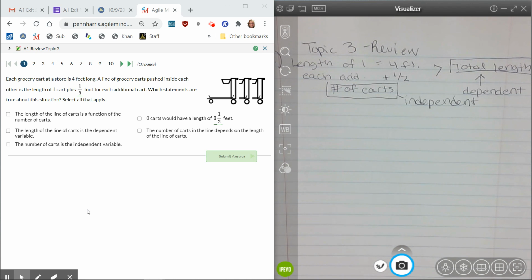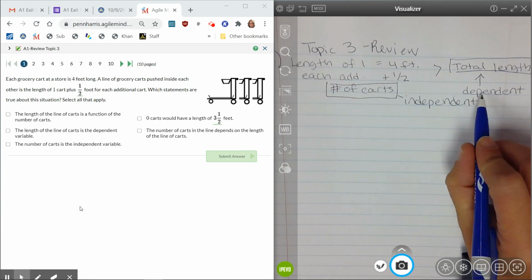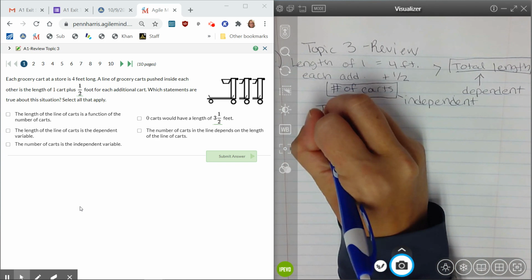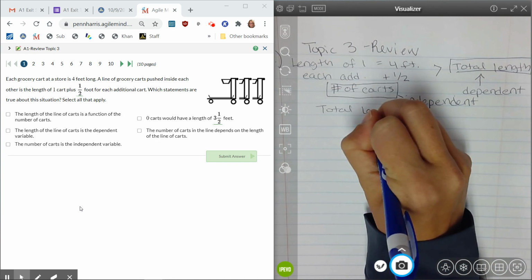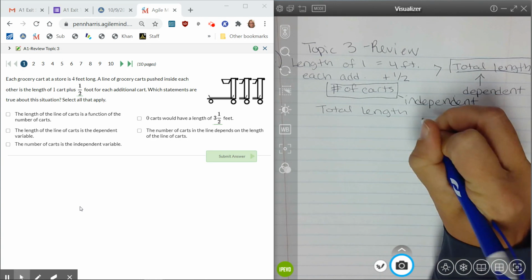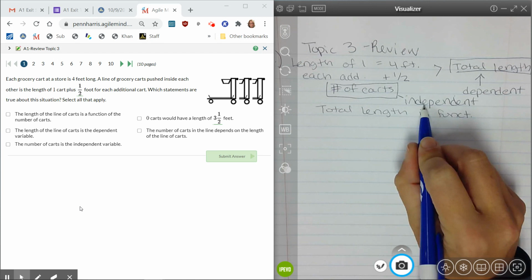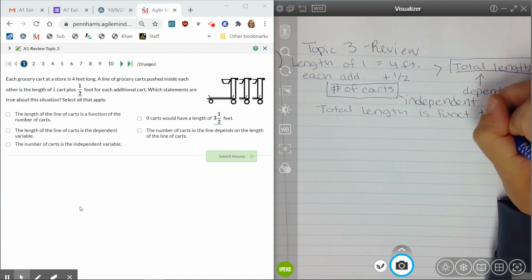So with that said, if you remember correctly, we talked about when independent and dependent variables become functions, okay? And with that, we were saying that the dependent variable, so total length, is a function of the independent variable, so number of carts.